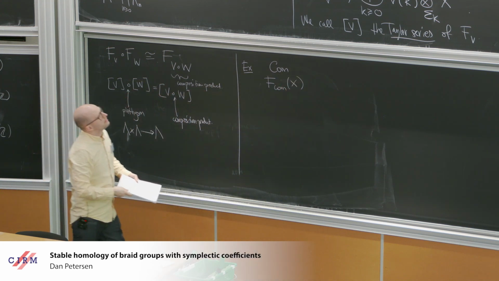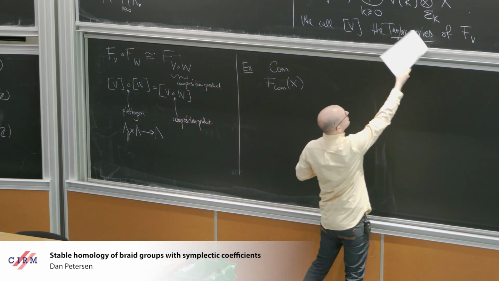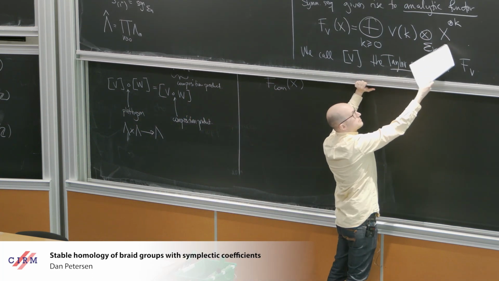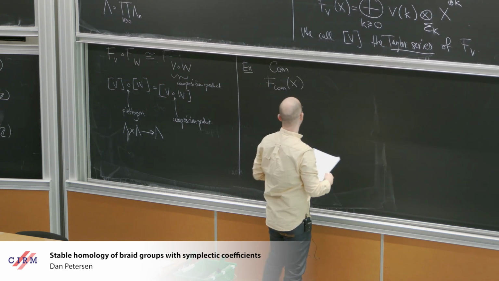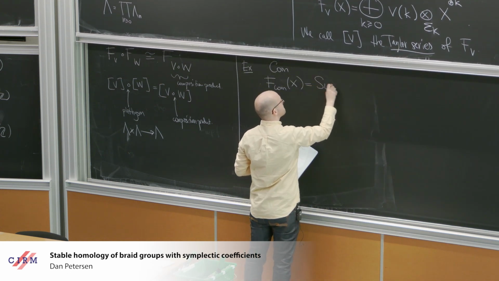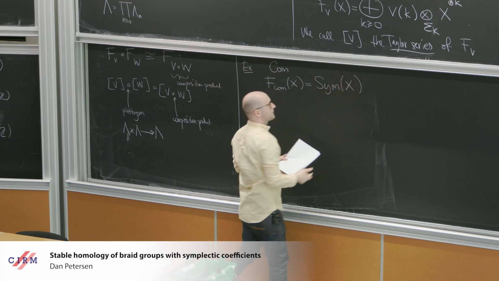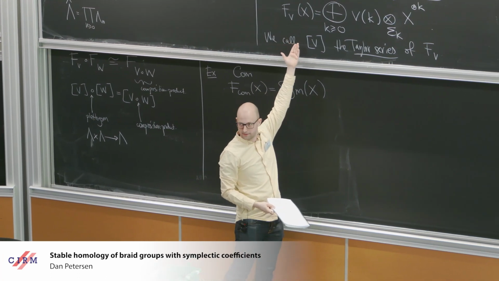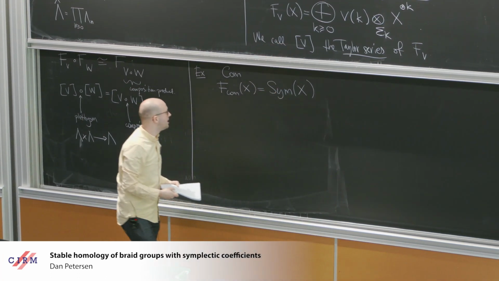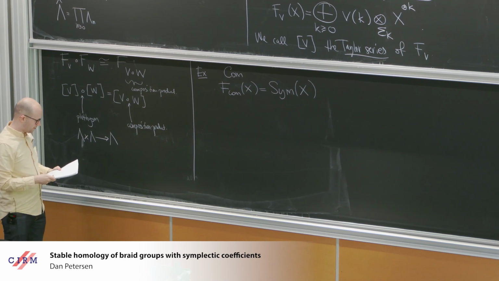And we can stare at this formula and we see that we take all tensor powers and we tensor with a trivial representation. That means we take the symmetric algebra, which also matches what I said before, that FV is the free V algebra if V comes from an operad. So this would be an example of an analytic functor.